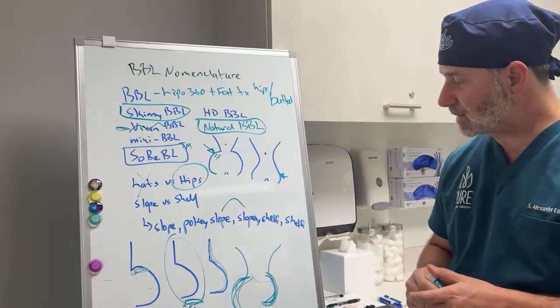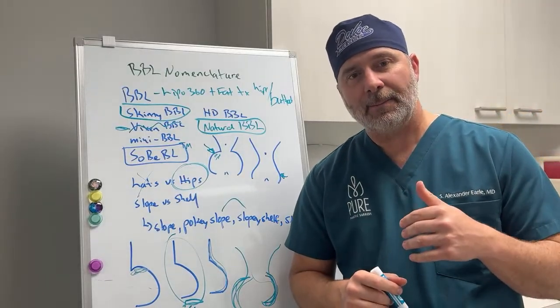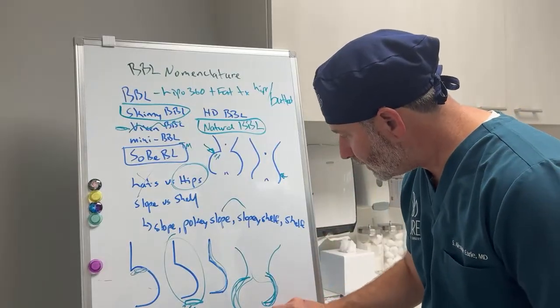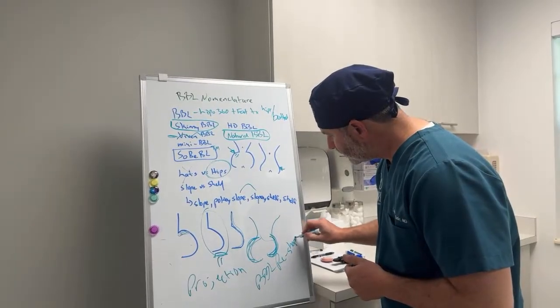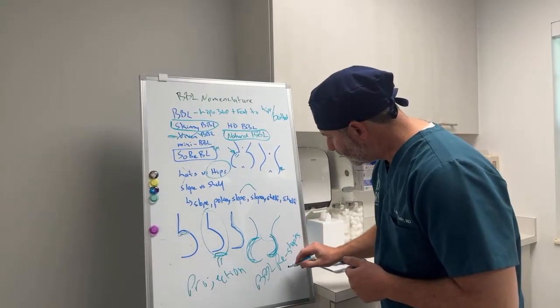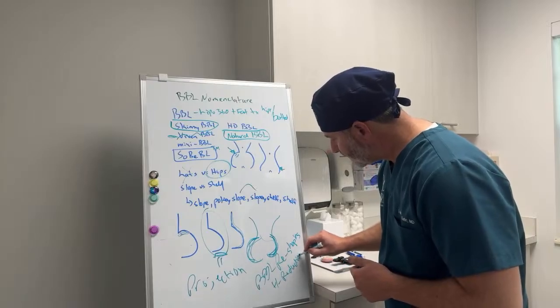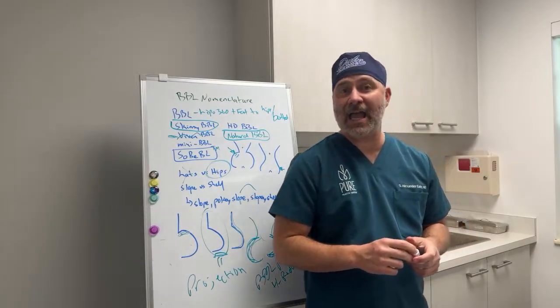Maybe I should have added this here, because it's not exactly a BBL, but the round twos, what we call BBL reshaping plus or minus reduction. This is becoming more and more popular these days, and not everyone does it.